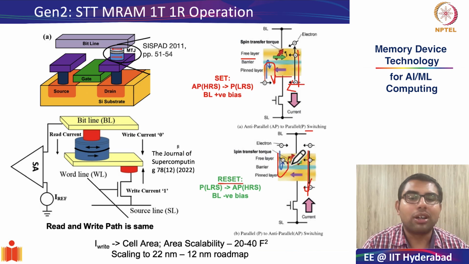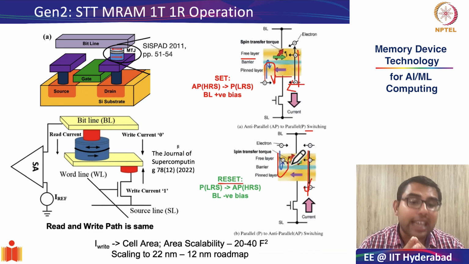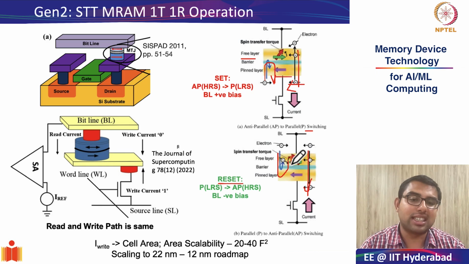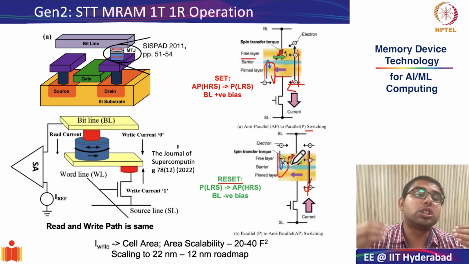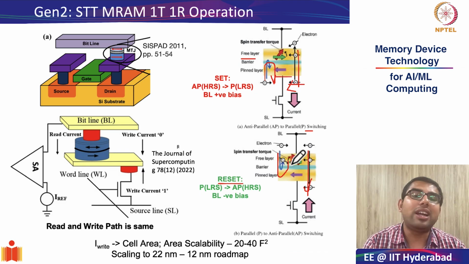So the key advantage of the second generation STT MRAMs is that you are really able to control the write current by scaling cell area. Therefore, area scalability has improved for STT MRAMs from almost 50 to 100 F squared in toggle MRAMs to 20 to 40 F squared in field MRAMs.